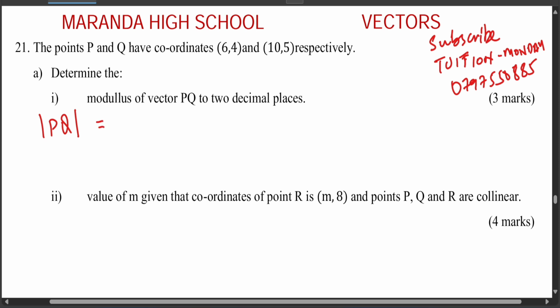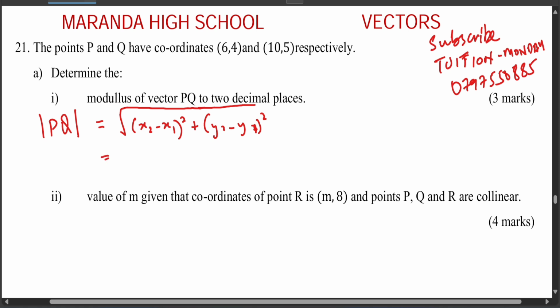So basically, if you want to find the magnitude, you just do x1 minus x2, or you can also do x2 minus x1, and then square, plus y2 minus y1, then square. You add the results of the squares, and then square root them.